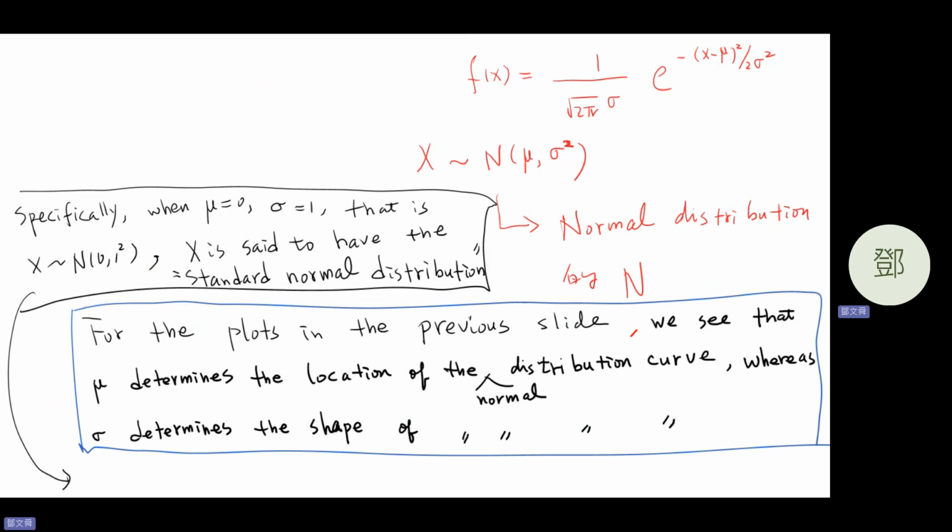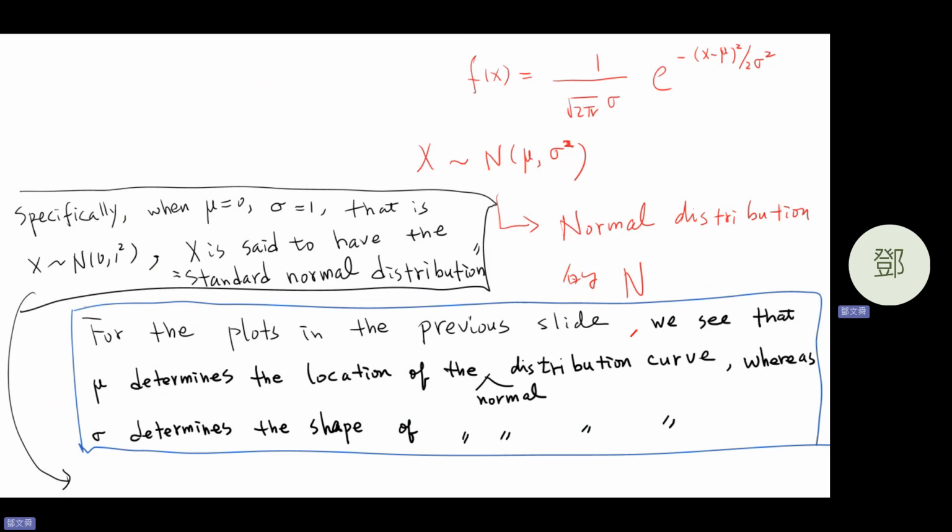If x has a normal distribution, we use the notation x tilde N(mu, sigma squared). When mu is 0 and sigma is 1, then x is said to have the standard normal distribution.